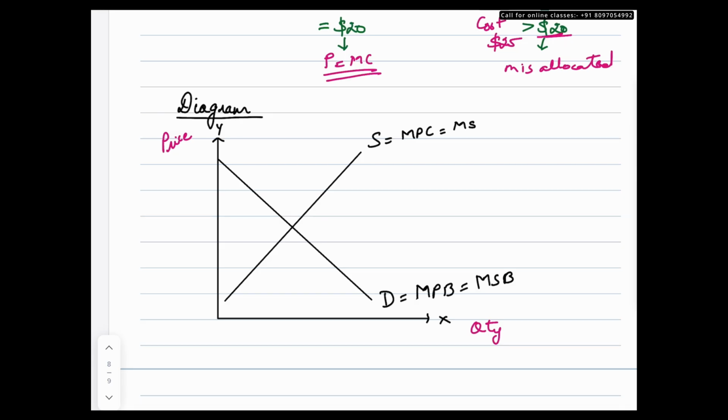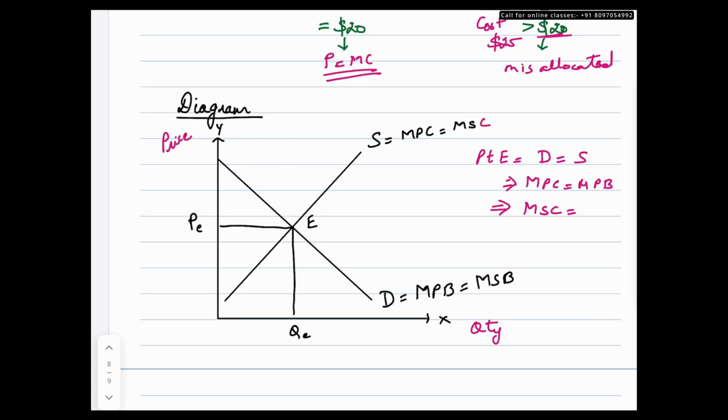Now this is where we have the equilibrium. This is the price at equilibrium, and this is the quantity at equilibrium. This is E. So at point E, what is happening? Demand is equal to supply. We also have another segment, which is marginal private cost is equal to marginal private benefit, and there's another, which is marginal social cost is equal to marginal social benefit.